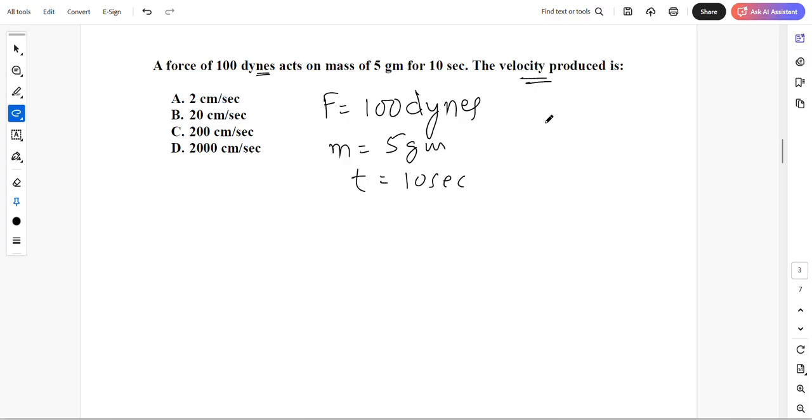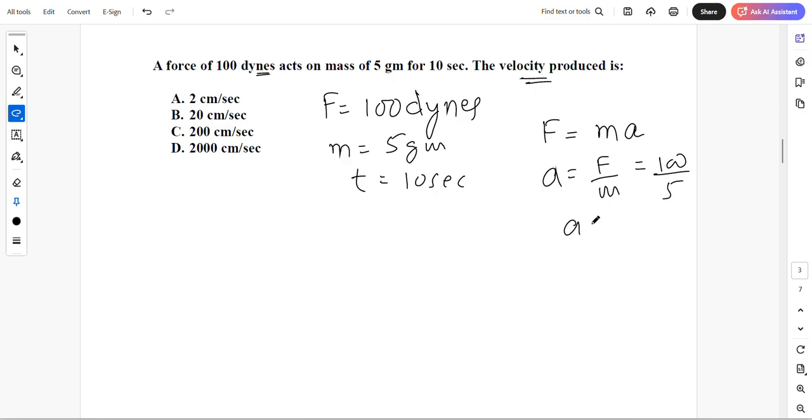Now, to calculate the velocity, F is equal to M into A. From here I can calculate acceleration. A is equal to F by M, that is 100 by 5.